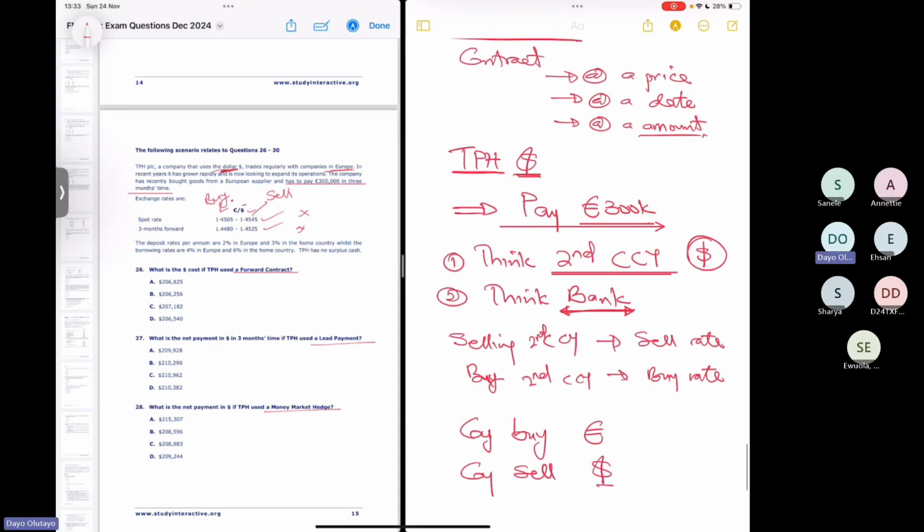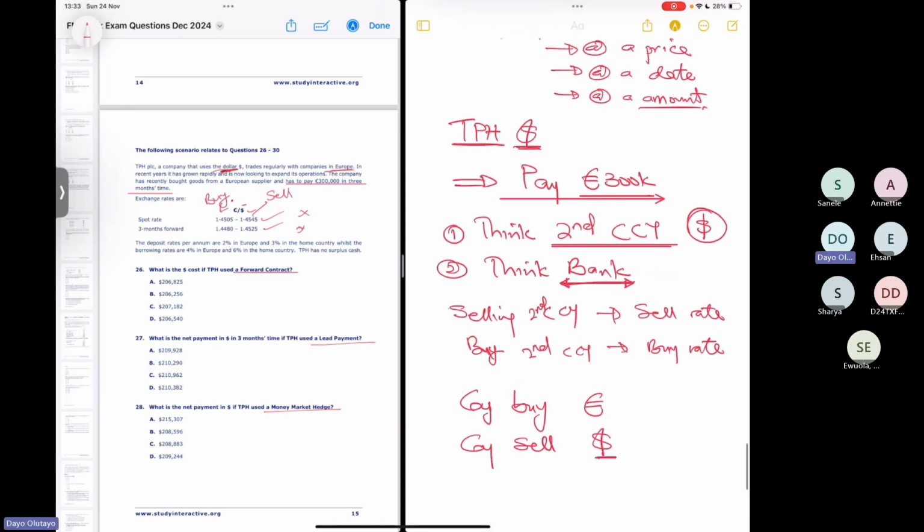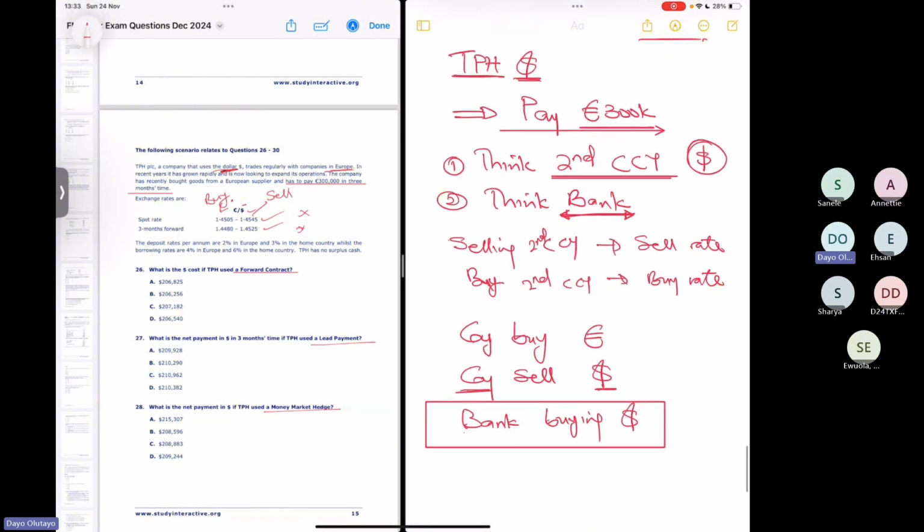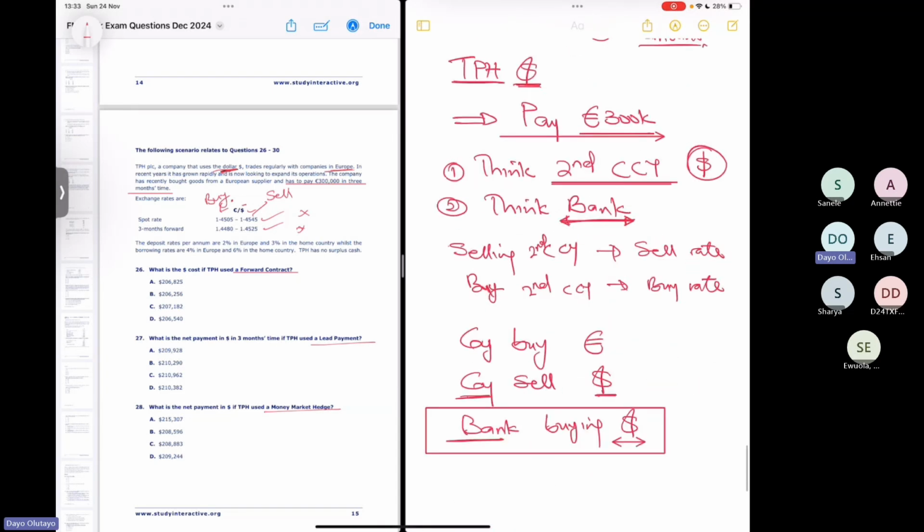So we have moved to the second currency. However, we need to interpret based on the bank, not the company. If the company is selling dollars, obviously they are selling dollars to the bank, and it means the bank must be buying dollars. Now this is where you know how to pick your quote, because you've been able to interpret based on the bank and second currency. So you have to use the buy rate.